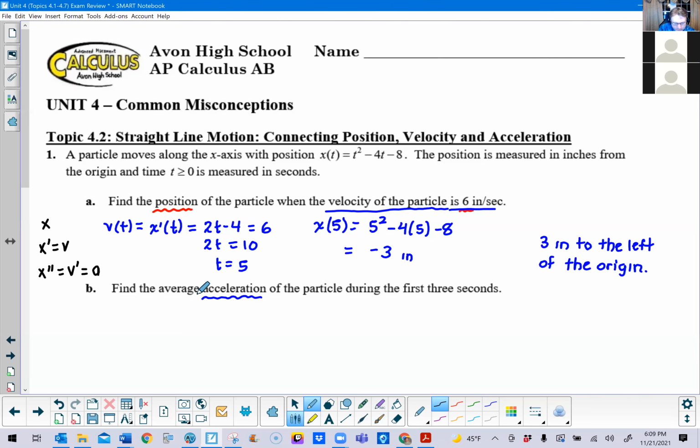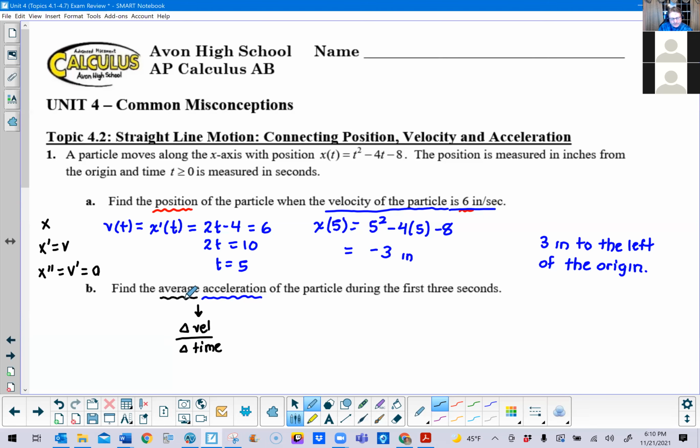But when you couple the word acceleration with average, you're not in calculus class anymore. We don't want derivatives. And I know it's really difficult to bounce back and forth between calculus and algebra, but we hope that you guys are starting to get more comfortable with this fact that average acceleration is the change in velocity over the change in time.